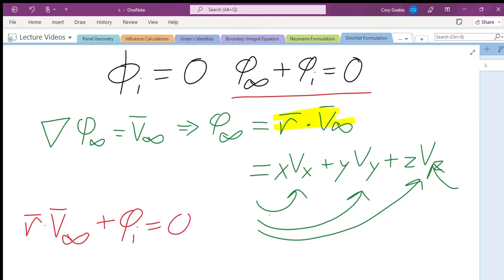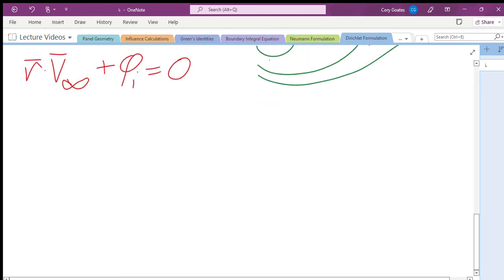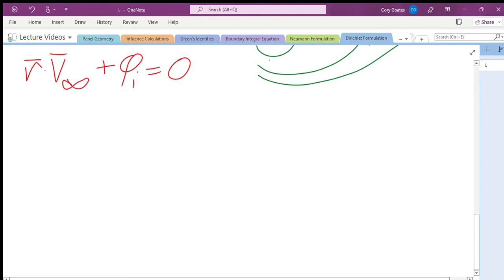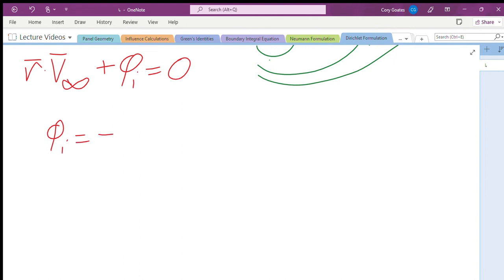So if I do that and I just rearrange things, then I get to the conclusion that phi I needs to be negative r dotted with v infinity. And that's all it is. Really quite simple.